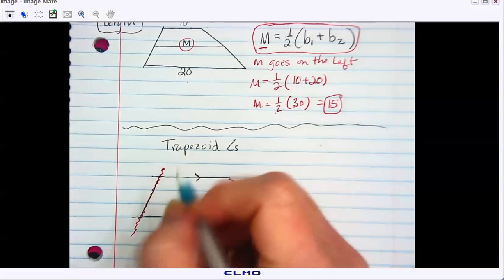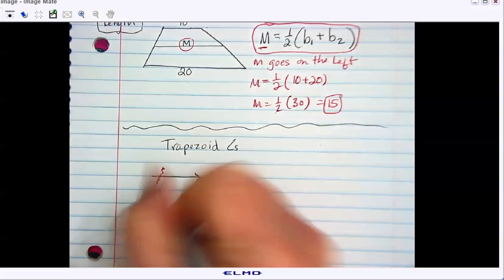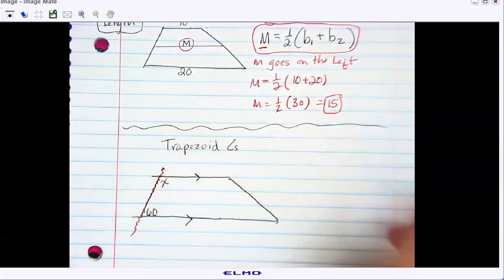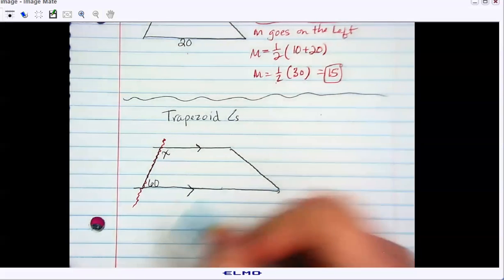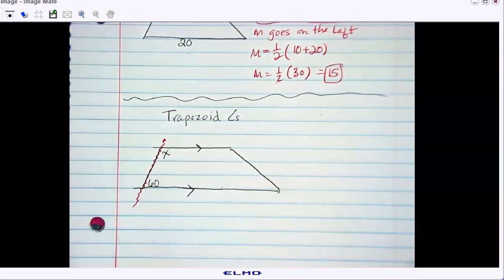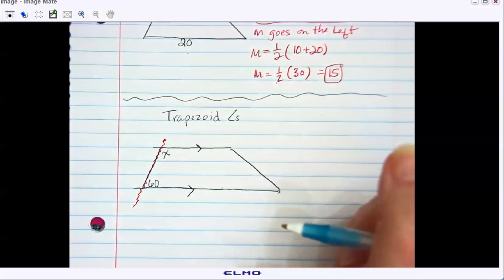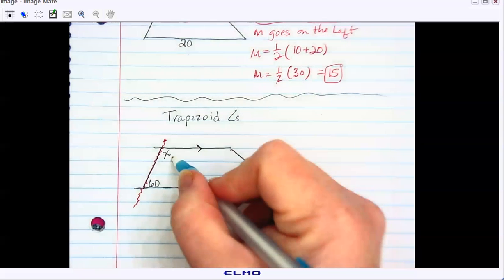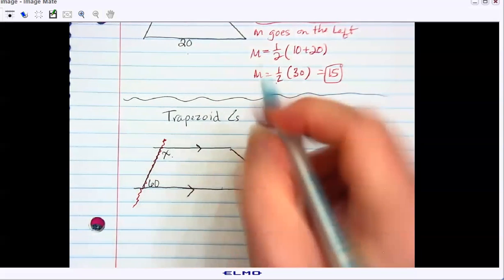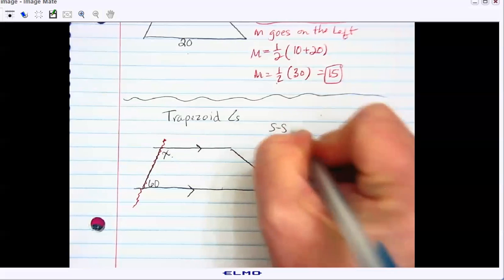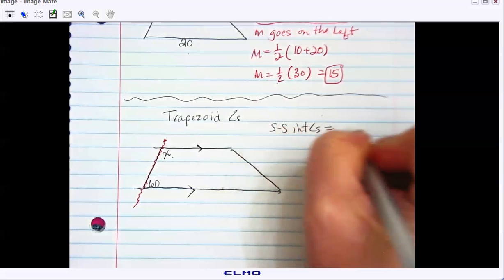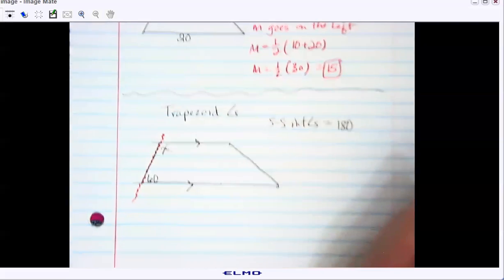Well, if I have this angle of 60 and I wanted to find X, we would call those angles, anybody remember? Starts with an S. Kind of like our parallelograms. It's okay, it's been a while. So these are called same side interior angles, and same side interior angles have to equal 180.